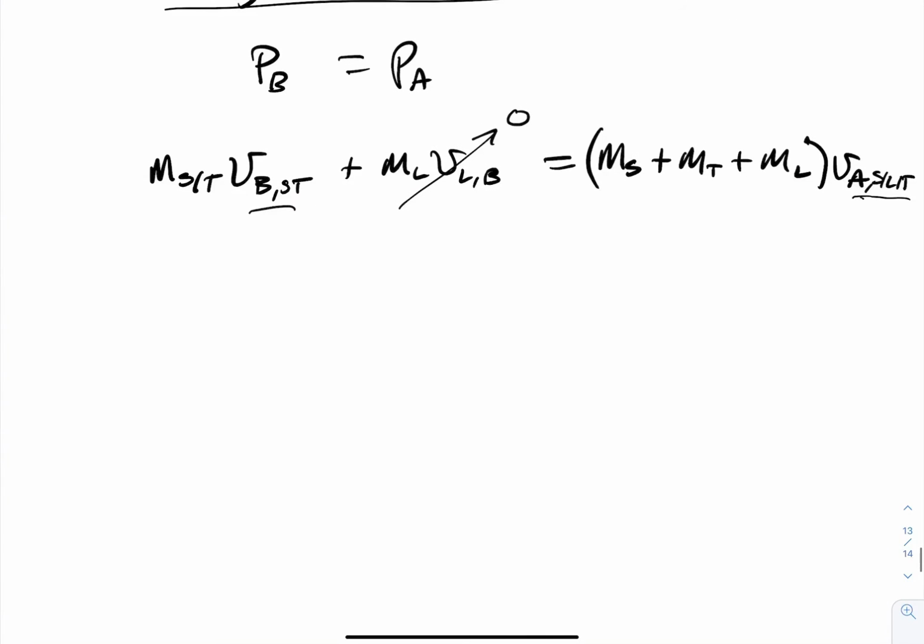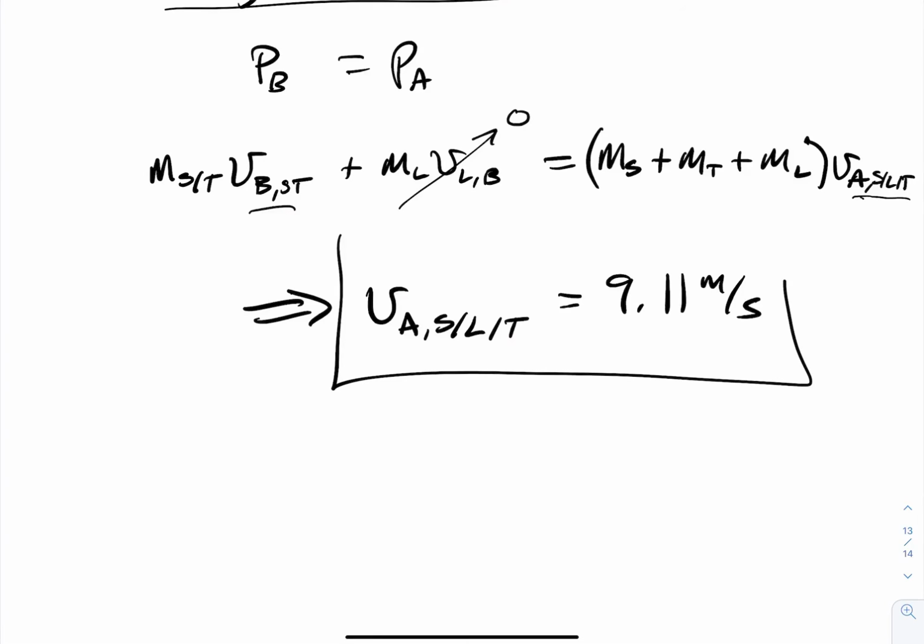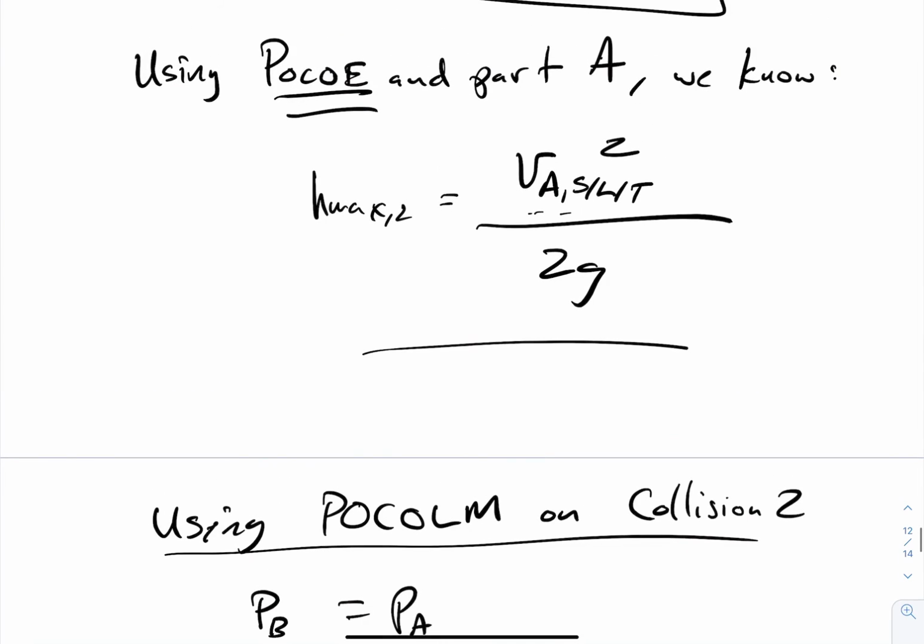Okay, so now we can work through all the algebra, and if we do, we will get VA for the whole system is equal to 9.11 meters per second. And so it's a good little exercise to try to get that value. We can then substitute that into this equation.